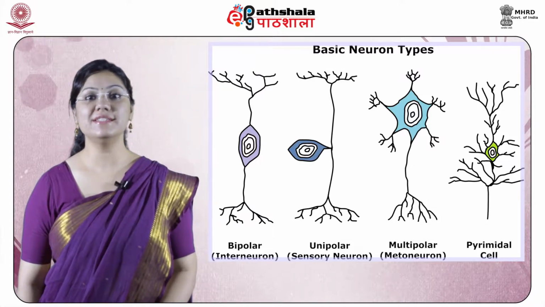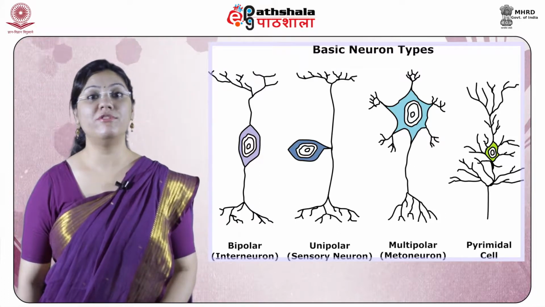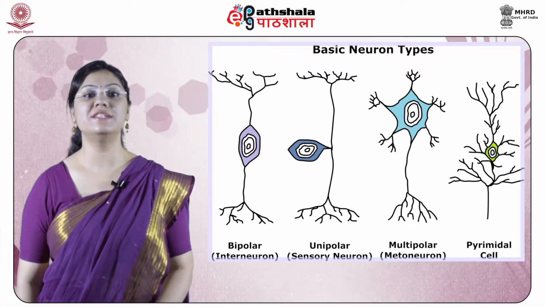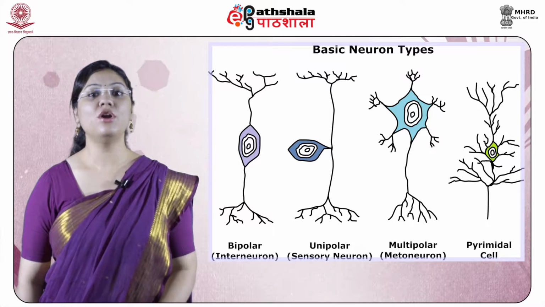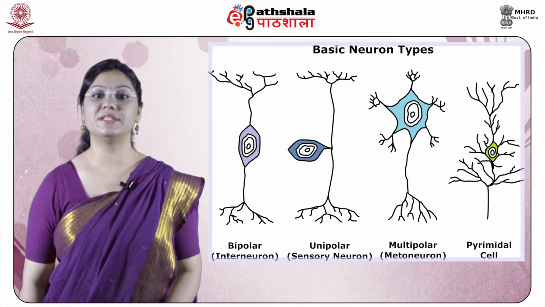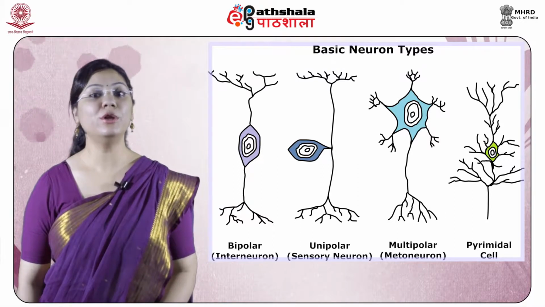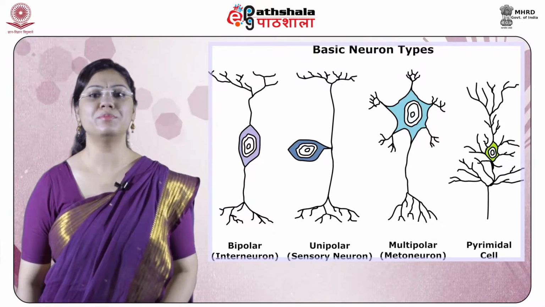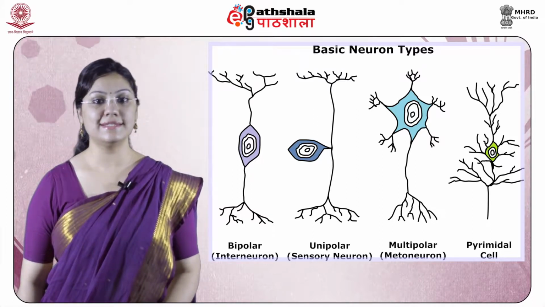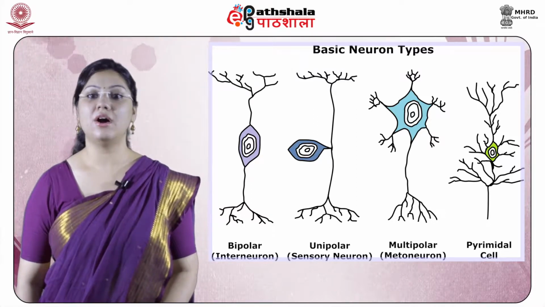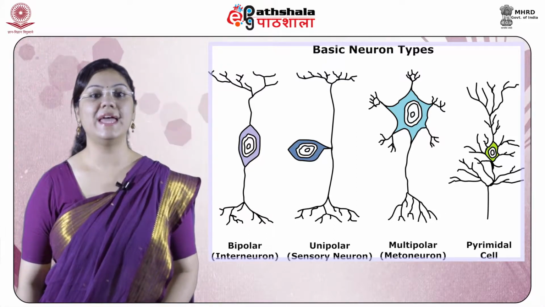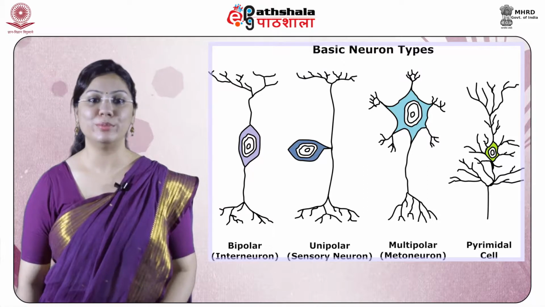Given the diversity of functions performed by neurons in different parts of the nervous system, they are of various shapes and sizes. Here are some different types. The unipolar neuron is the most primitive type. Here, the dendrites and the axon arise from the same side of the soma, and hence the name unipolar.